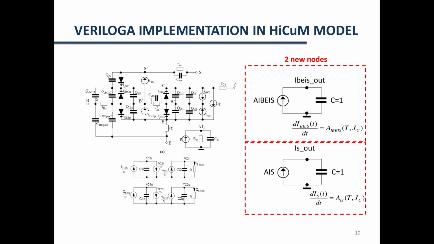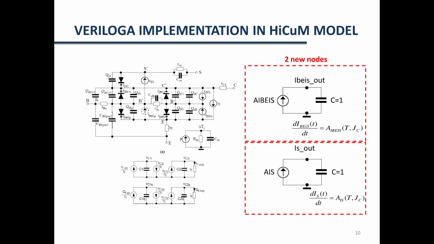So how do we implement that into the standard HICAM model? Well, that's not very difficult because we basically have the Verilog-A code for the standard model, and we just need to add a few modifications. You see here on slide 10 that on the left you have the standard equivalent circuit for the HICAM model, and on the right the modified elements, where we add 2 new nodes accounting for the variations of IBEIS and IS.